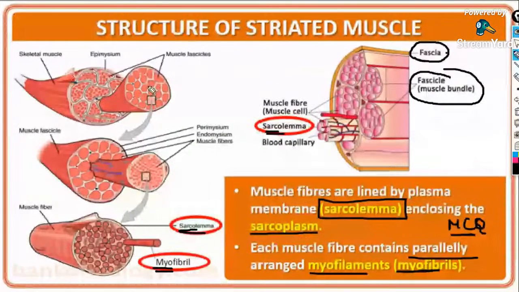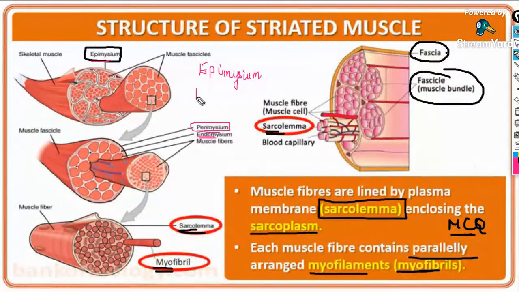If you take the structure of a muscle, the outermost layer you will call the epimysium. The middle layer you will call the perimysium, and the inner layer you will call the endomysium. So three layers you have to study: epimysium, perimysium, and endomysium.